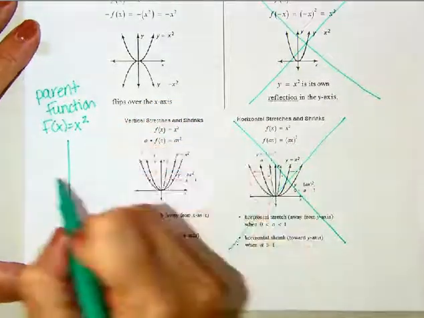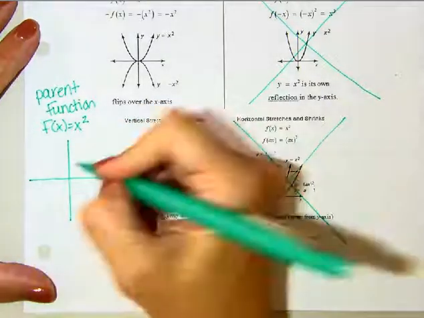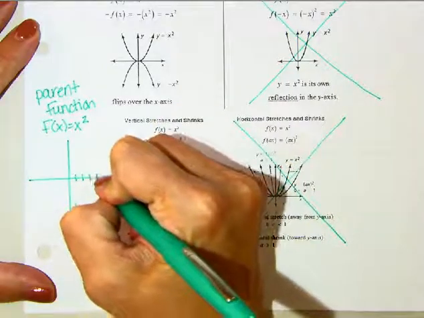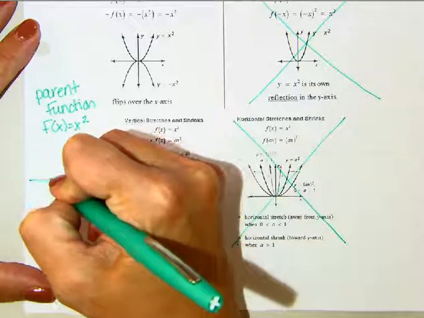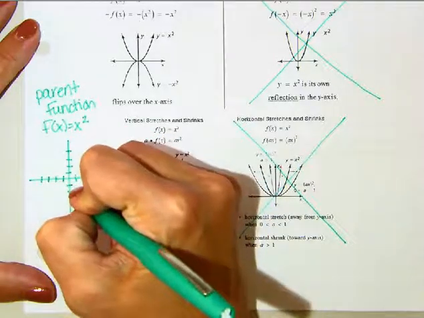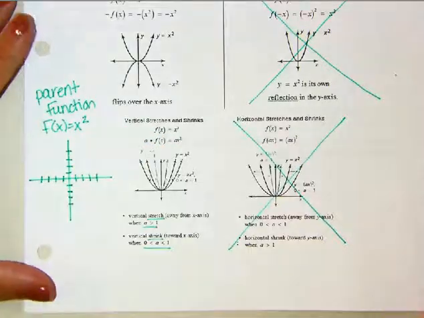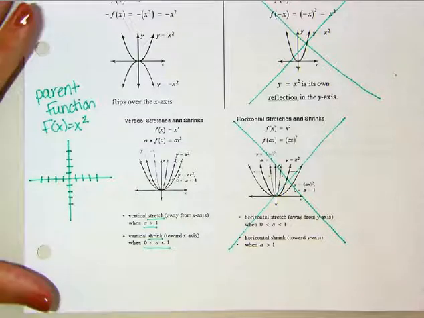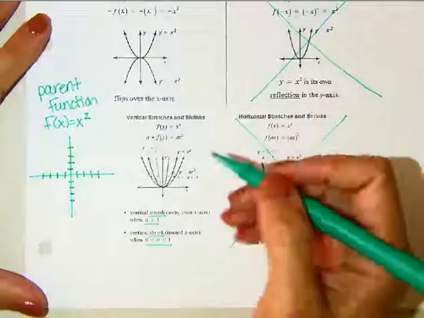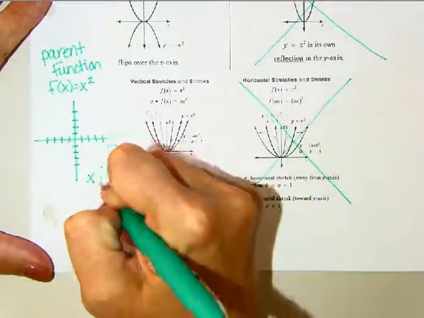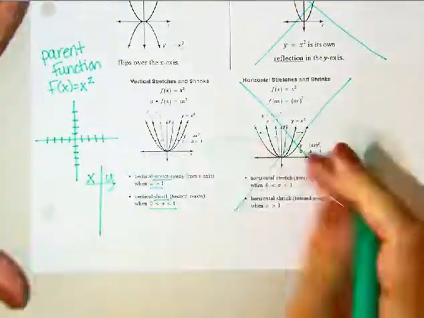So if I draw a graph, I know I could keep going with my tick marks, but that's going to be good enough. Every time you're graphing a quadratic, you need to memorize the points that we're going to provide here, okay?